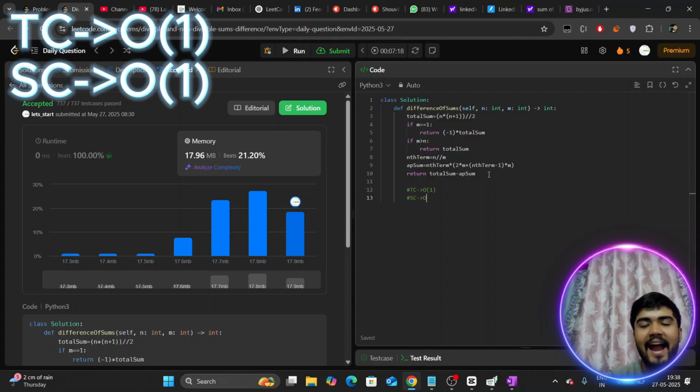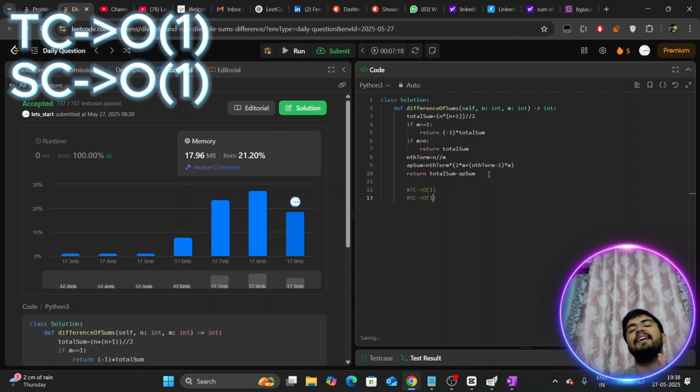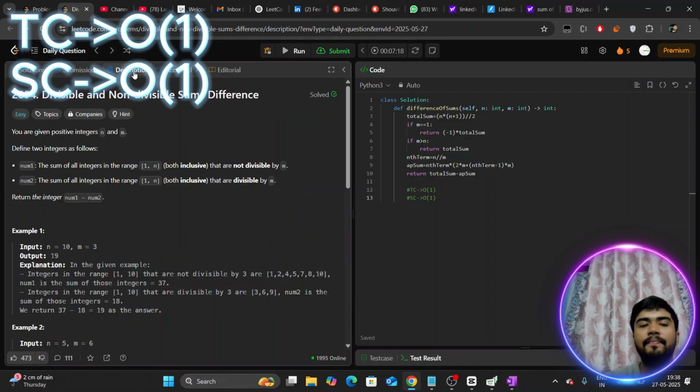We all know that is the most optimized solution we can achieve for any problem in the world. TC is big O of 1 and space is big O of 1. That is bound to be the most optimized version for any problem, and it is definitely so for this problem also.